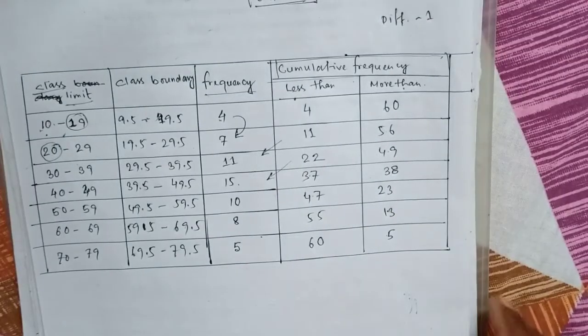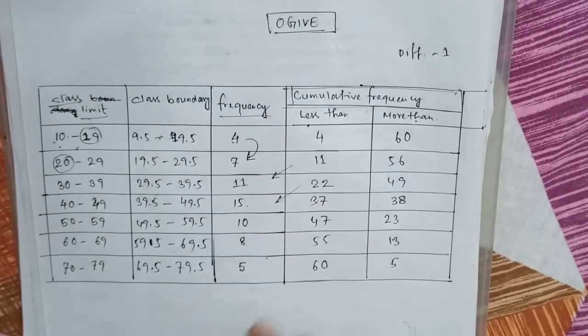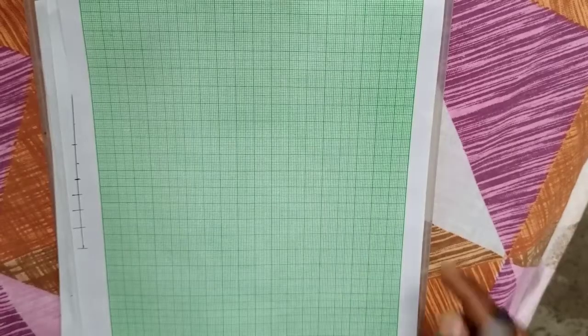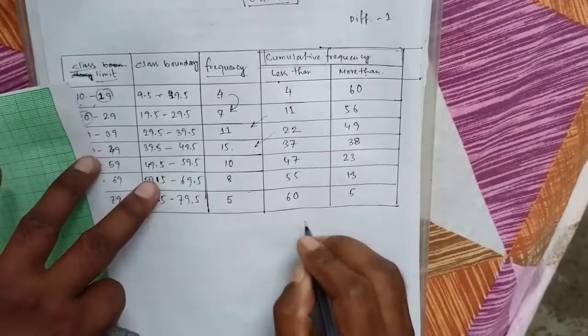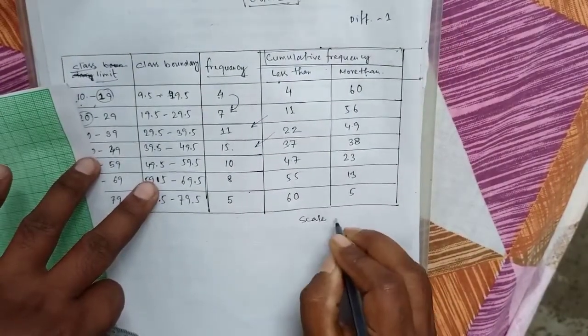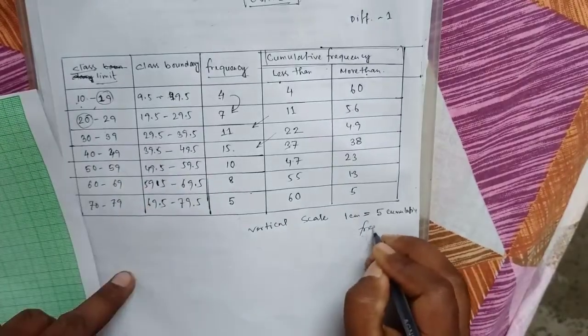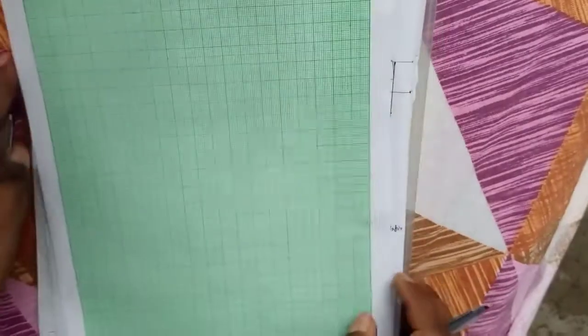Now take a scale for drawing. First, the scale: vertical scale 1 centimeter to 5 cumulative frequency.